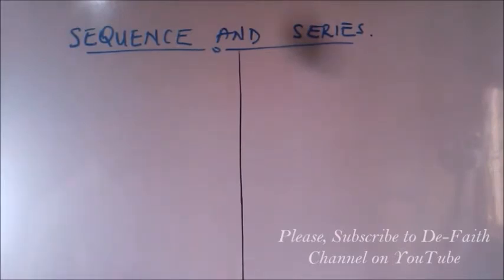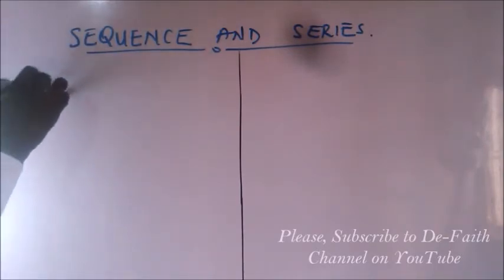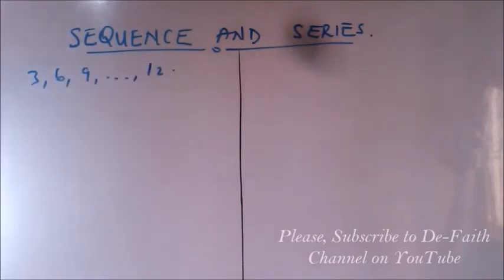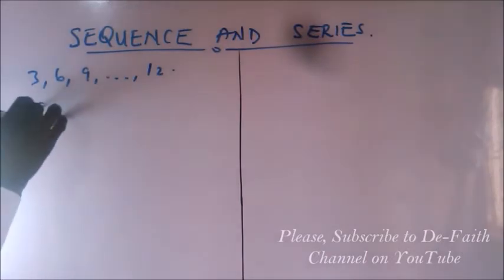Next question says, find the sum of the first 18 terms of the series 3, 6, 9, ellipsis, and then 36. Alright, so we have this sequence 3, 6, 9, ellipsis, and then 36. Here we have an AP, and in this AP, the first term is 3.